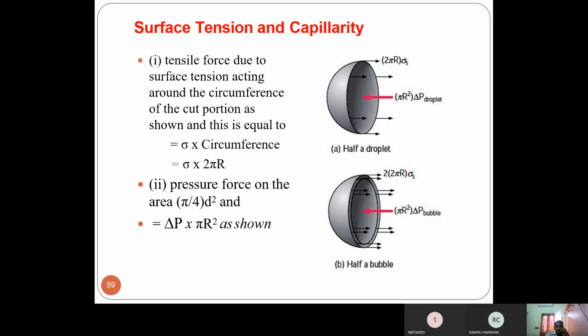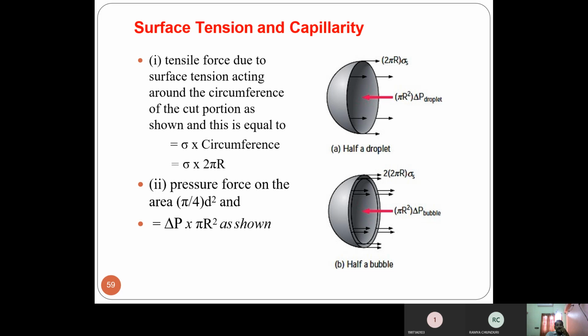A water droplet is cut on one surface, and the entire liquid mass is there. Whereas a bubble is a hollow structure. This water bubble will have an inner surface as well as an outer surface. The droplet has no inner surface; it has only one surface.